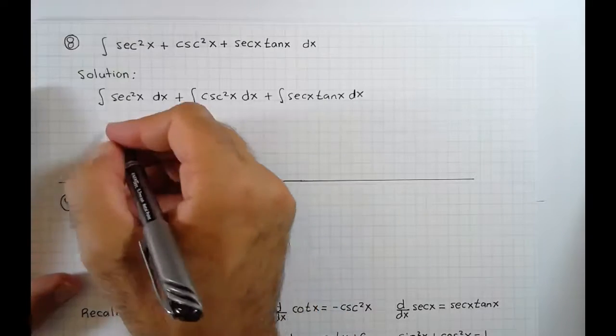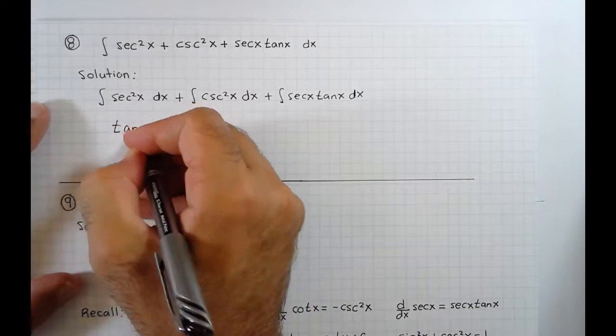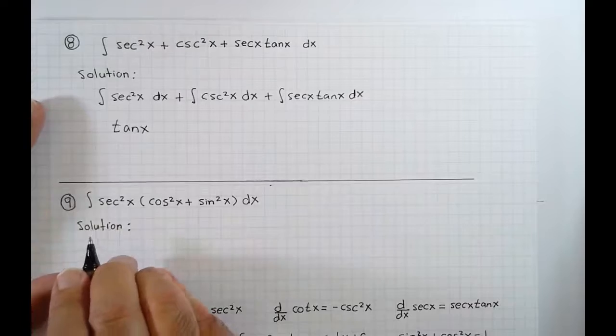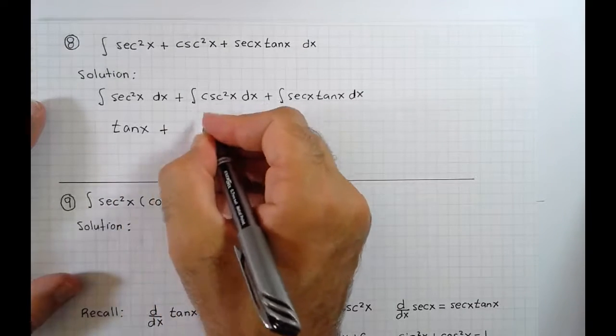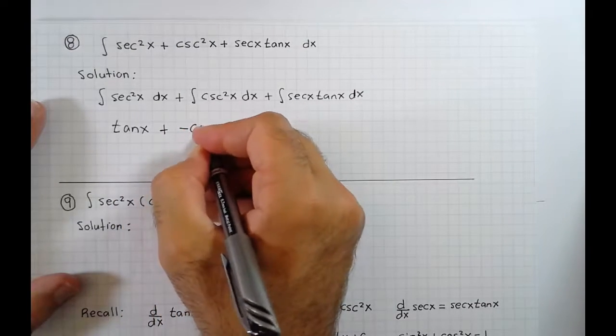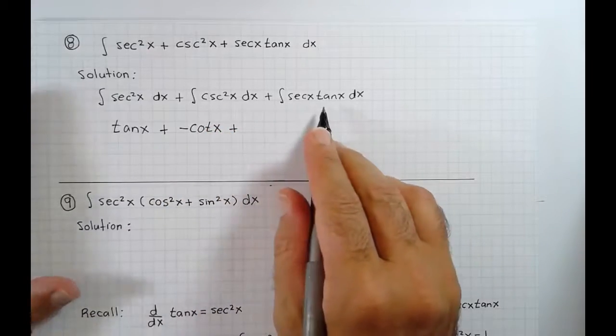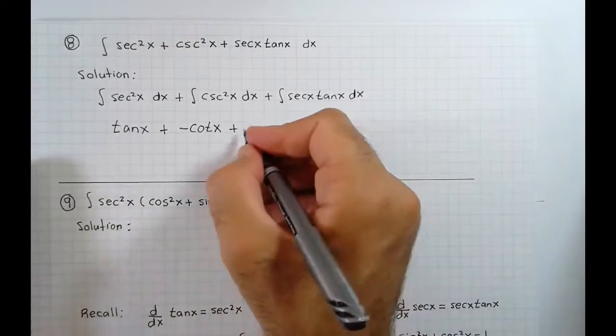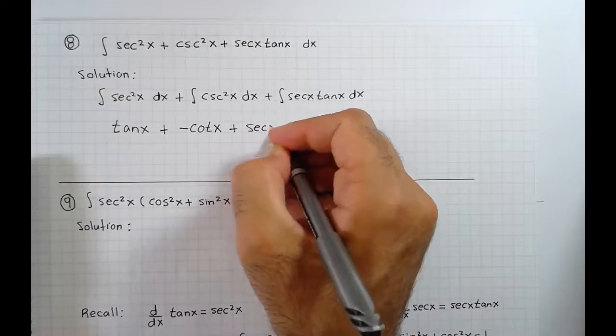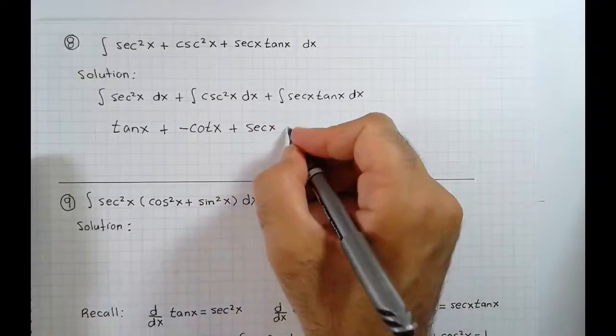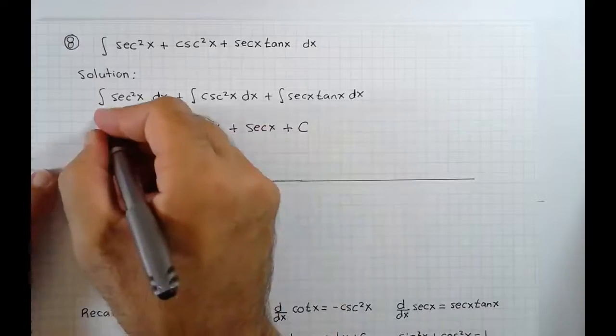Antiderivative of secant squared is tangent x because derivative of tan x is sec squared. Antiderivative of cosecant squared x is minus cotangent x. And antiderivative of sec x tan x dx, that is just going to be sec x because derivative of sec x is sec x tan x plus c.